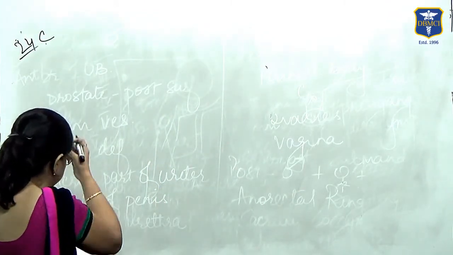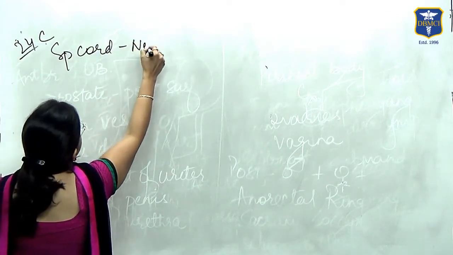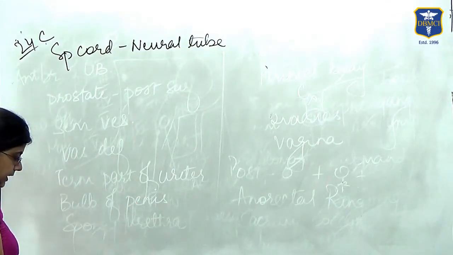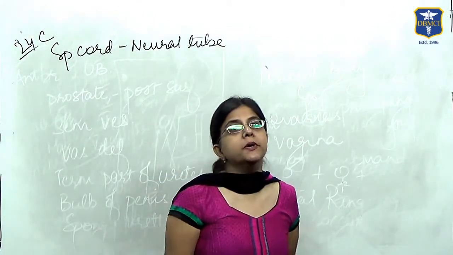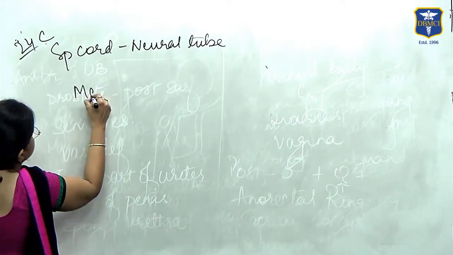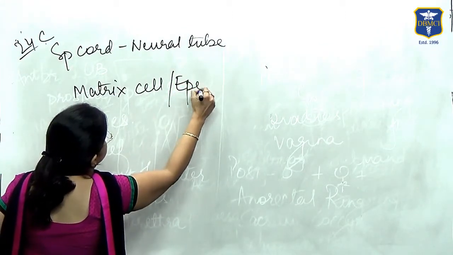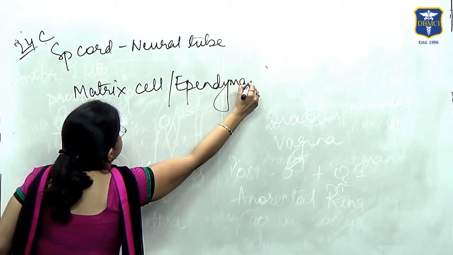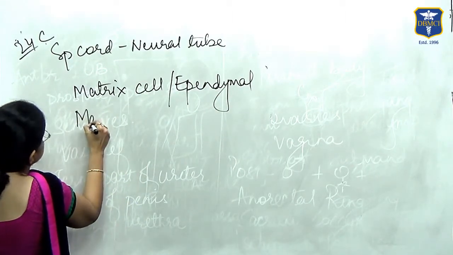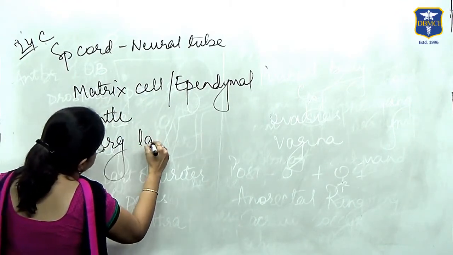The spinal cord develops from the caudal part of the neural tube. The wall of the tube subdivides into the matrix cell or the ependymal, the mantle, and the marginal layer.